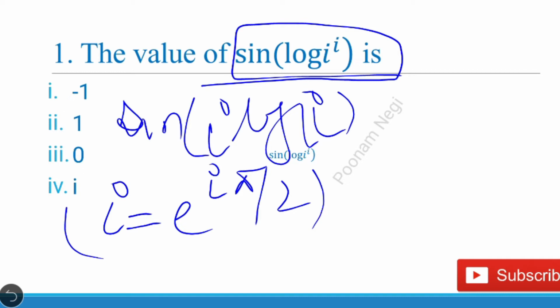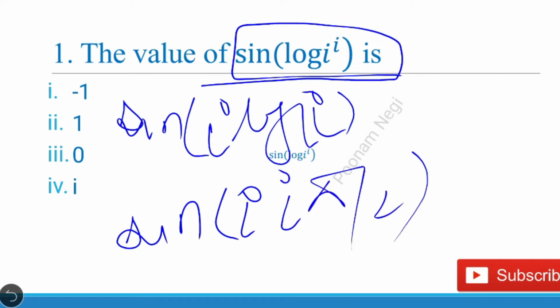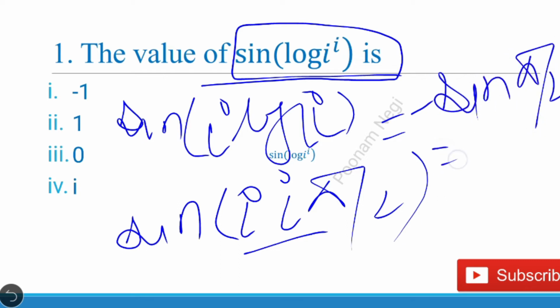By replacing this i, we will have sin(i log e^(iπ/2)), which comes out as sin(i · iπ/2), and this i squared will give us minus. As we know that sin of minus θ equals minus sin θ, we will have minus sin π/2, and it will be minus 1. So the correct answer is option number 1, that is minus 1.